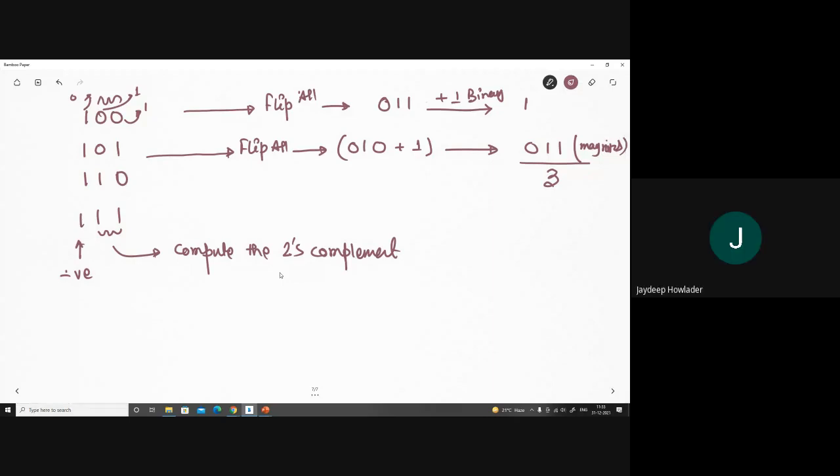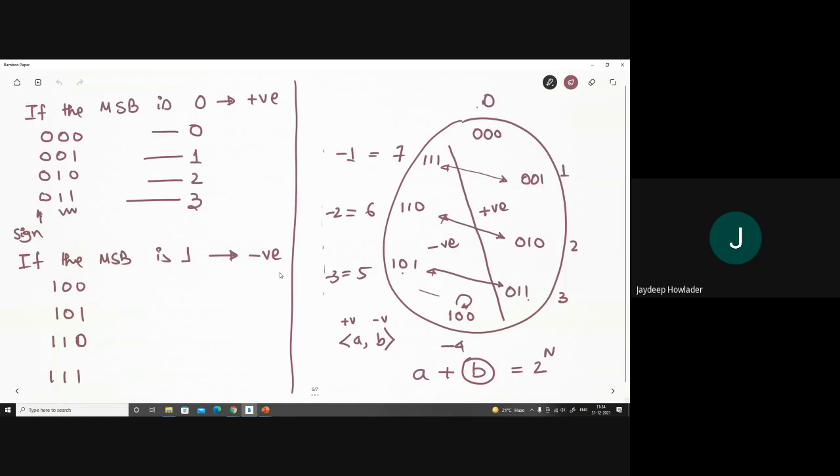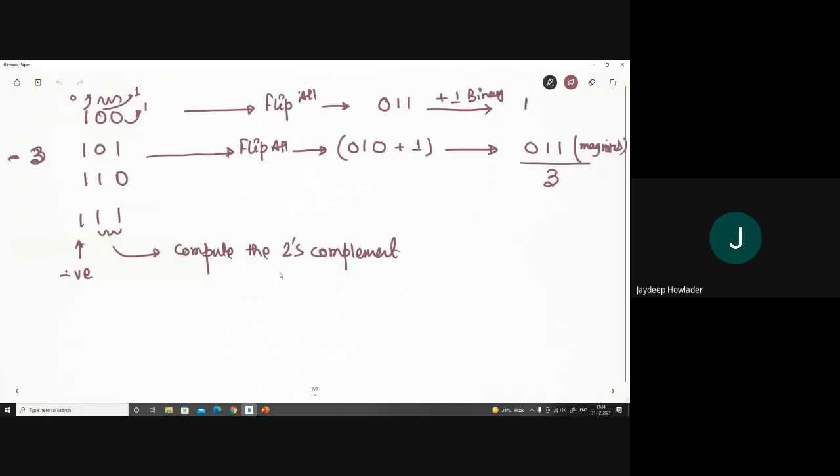Okay. So this number, previously determined as negative, now has a negative sign and the magnitude is 3. Understand? So if we see the map, which number is mapped here? 1 0 0.